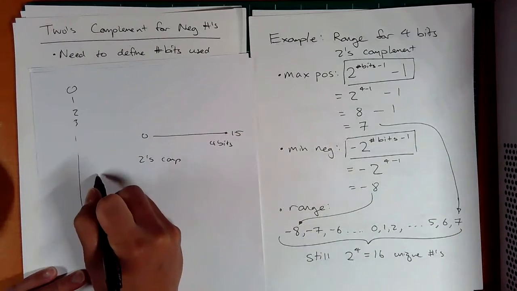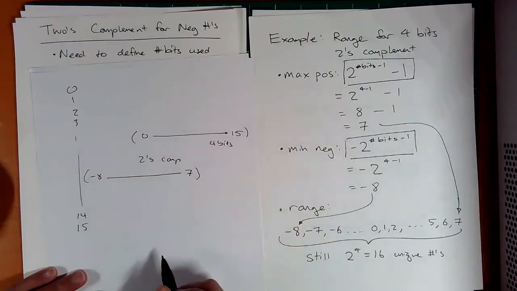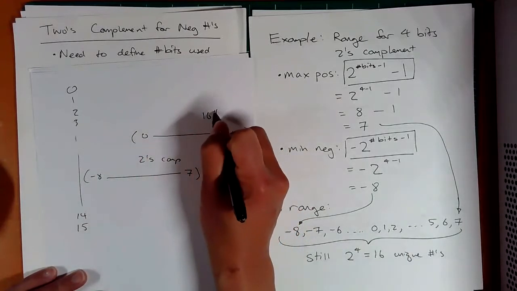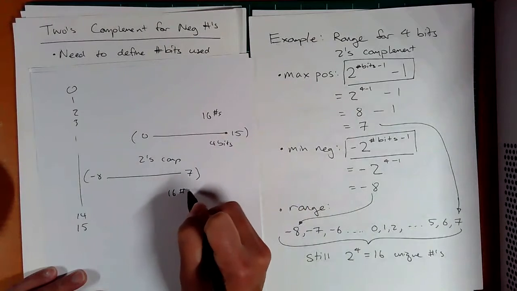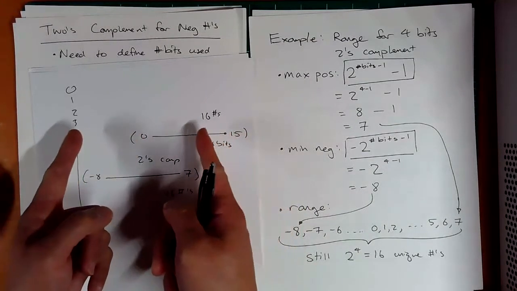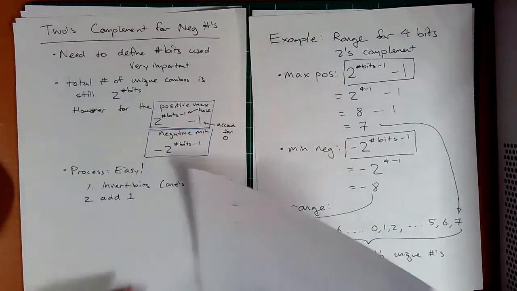We're seeing from all the way down to negative 8, all the way to 7. So you see we're getting the same number of unique combinations, which is 16 in this case. 16 numbers and 16 numbers. But what 2's complement is going to allow us to do is shift this all the way over and represent some negatives here, okay? All right, so let's keep going.